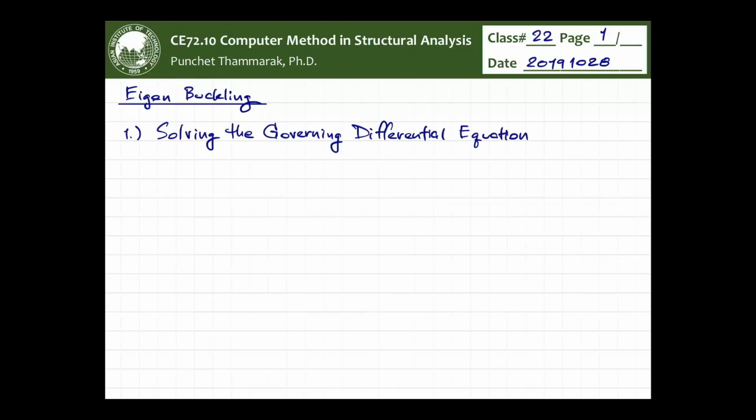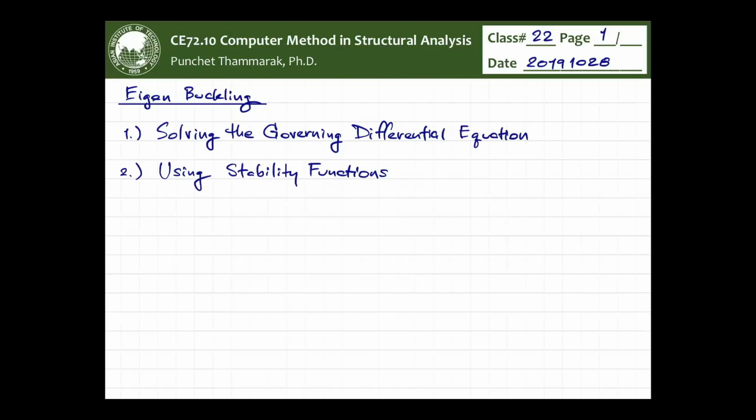We can also come up with the load by the second option, using stability functions. If we use the stability functions, we can cast the stiffness matrix of the column or of the frame.